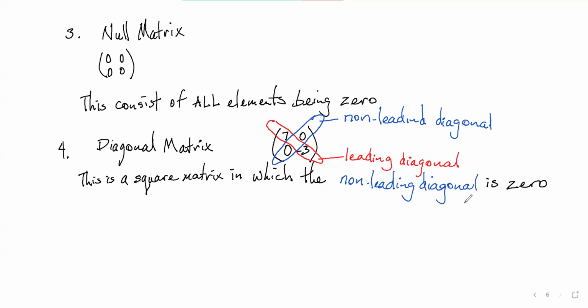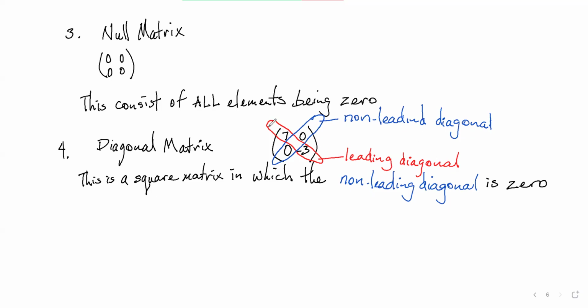Or we could say where the leading diagonals are integers. Integers are positive or negative numbers. But I didn't want to use that. If you notice, I try not to use those mathematical words too much. So an integer is a negative or positive number.